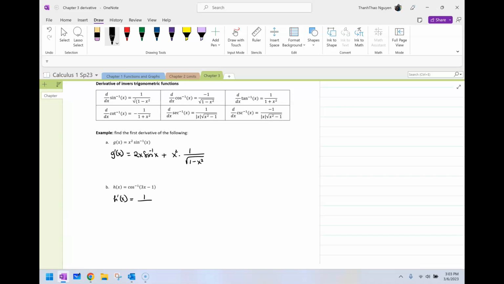So that's 1 divided by the square root of 1 minus (3x minus 1) squared, times the derivative of the inside, that is 3. So clean this up: 3 divided by the square root of 1 minus 9x squared plus 6x plus 1. This is 3 divided by the square root of negative 9x squared plus 6x.